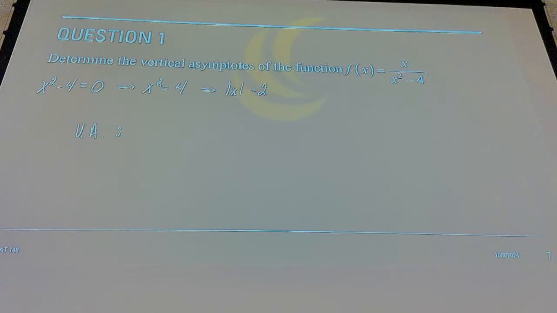There are 2 vertical asymptotes: x equals -2 and x equals +2.